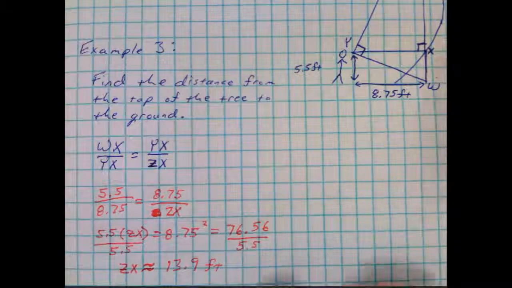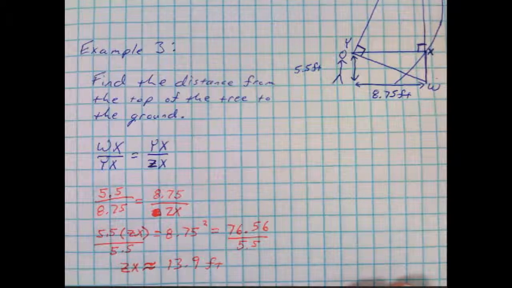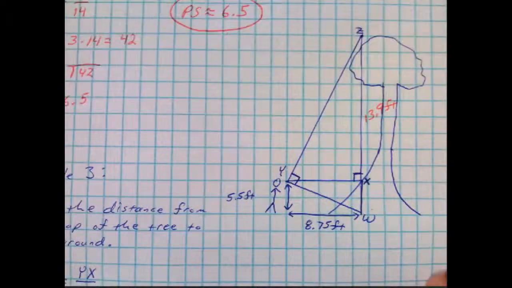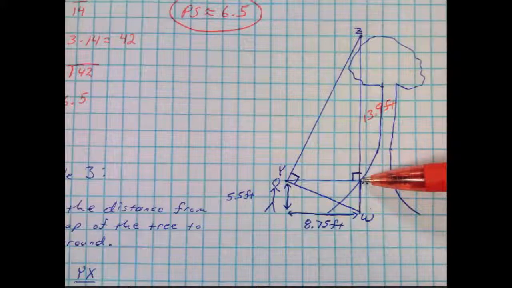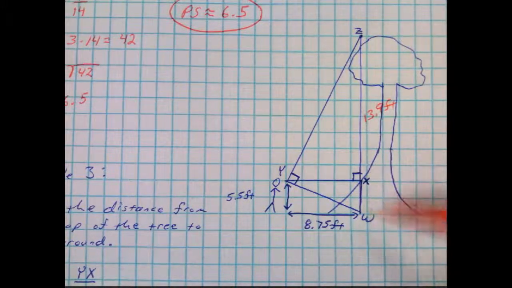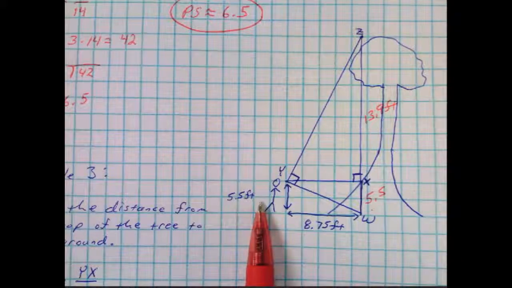Okay, so I'm going to go ahead and put that here. This is 13.9 feet, but that doesn't go all the way to the ground. Let me go up to my picture. I want to go all the way to the ground. So we said that this WX was 5.5, that's how tall our person is.